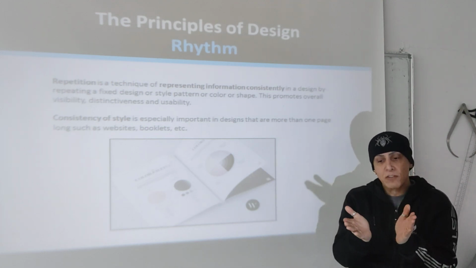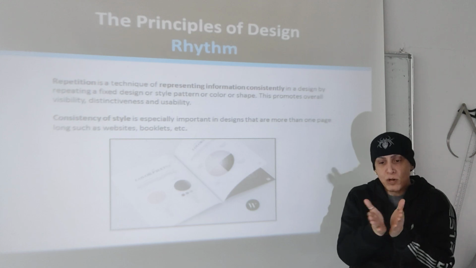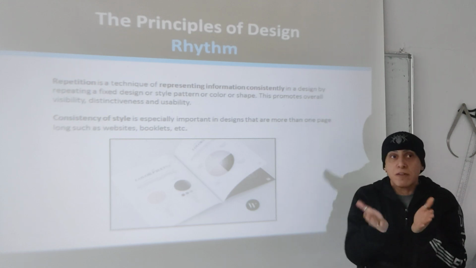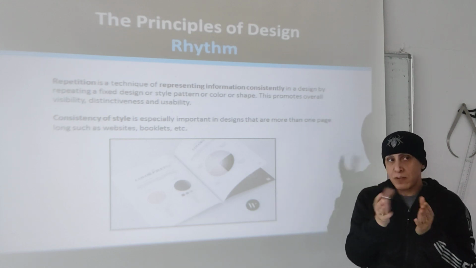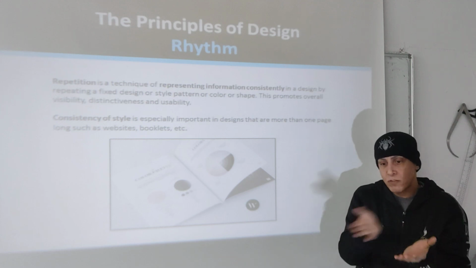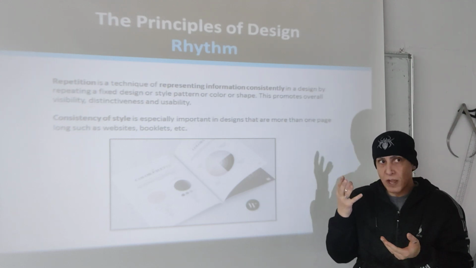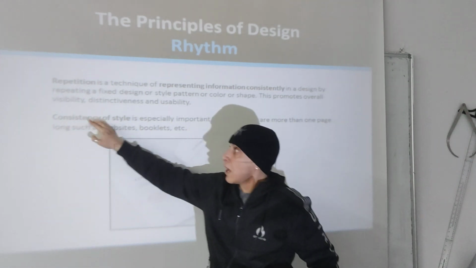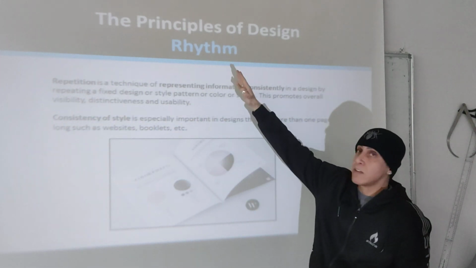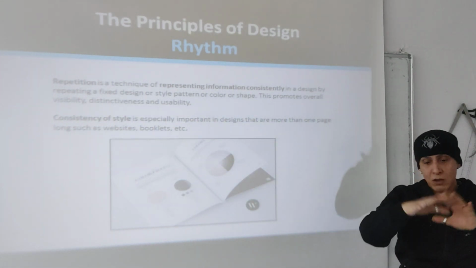To create that, this book or booklet or brochure or whatever consists of the same whole, not separate. You need to understand this. This is very, very important. And to do this, we need repetition, and this creates a rhythm in the whole design.